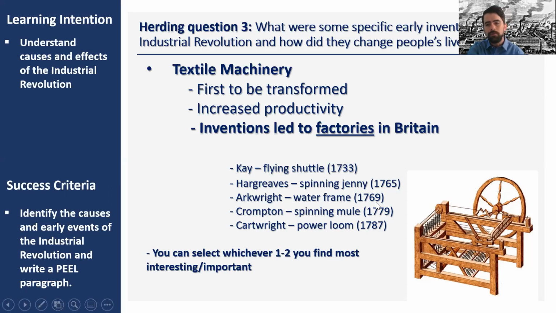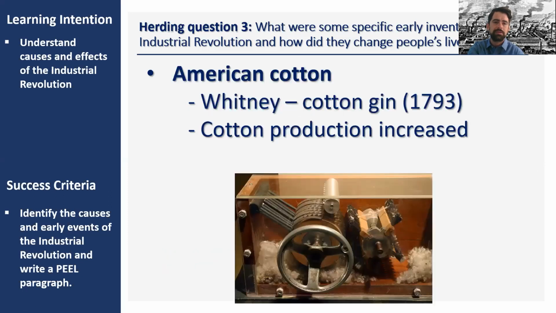I will let you know in advance if you need to know any of these specific ones on a test. Like I always do, I'll give you a list of vocabulary terms that you're responsible for knowing. But for the purpose of this class, if you want to answer this PEEL paragraph for homework, your first minor assessment for this unit, pick 1 or 2 which you find the most interesting and the most important.